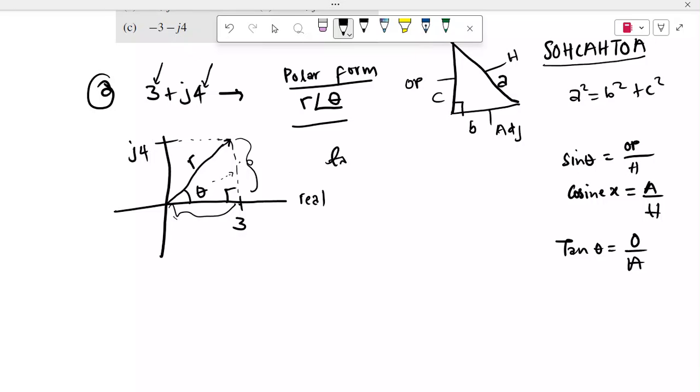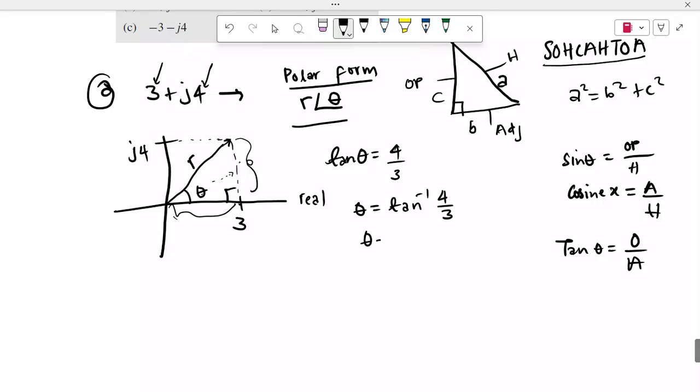So if you say tan theta equals to, what is the opposite? Opposite is this side. So it's this distance, 4 over 3. Okay? Then theta equals to, we just take tan inverse on both sides. So tan inverse of 4 over 3. This is how you solve for an angle.